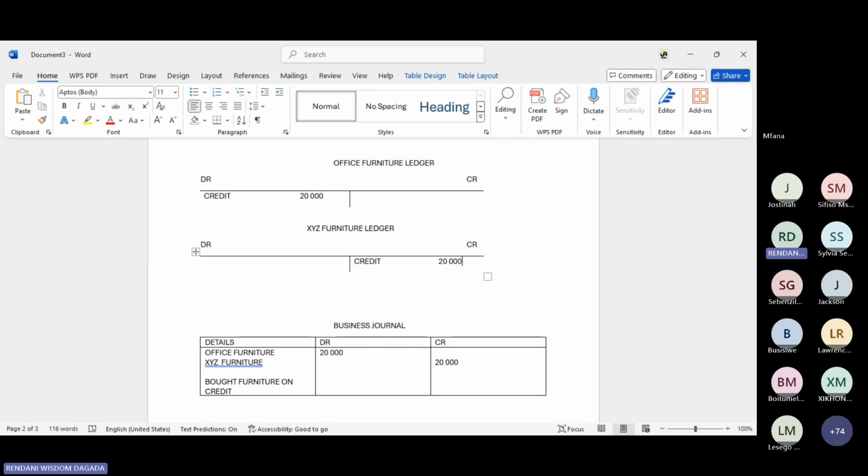Usually in these conveyancing questions, they don't talk about business journal, but this question specifically also includes basic principles. We haven't even started conveyancing yet, as you can see. Has anyone noticed that? Yes.